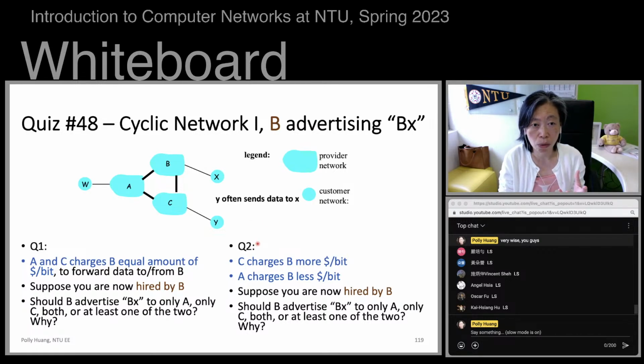Q2, oh, wait. C and A now begin to charge B differently, and C asks B for more. A charges less. So B sees here, oh, A is cheaper, C is more expensive.